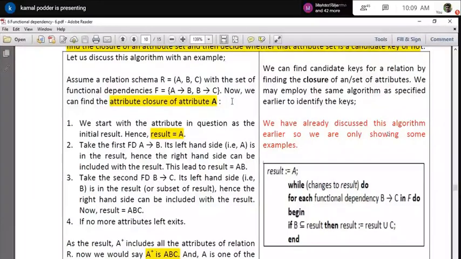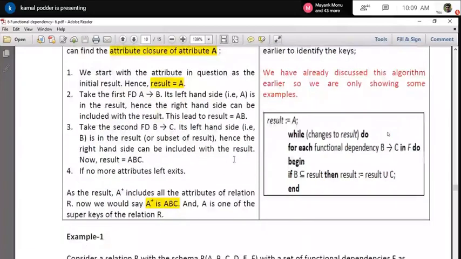It means that all the attributes depend on that particular attribute. That means A is a key. So this is the way we try to find out the candidate key or super key.